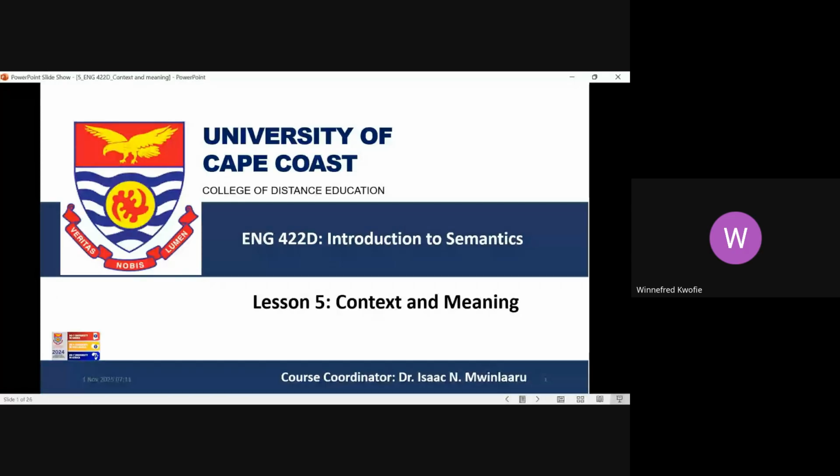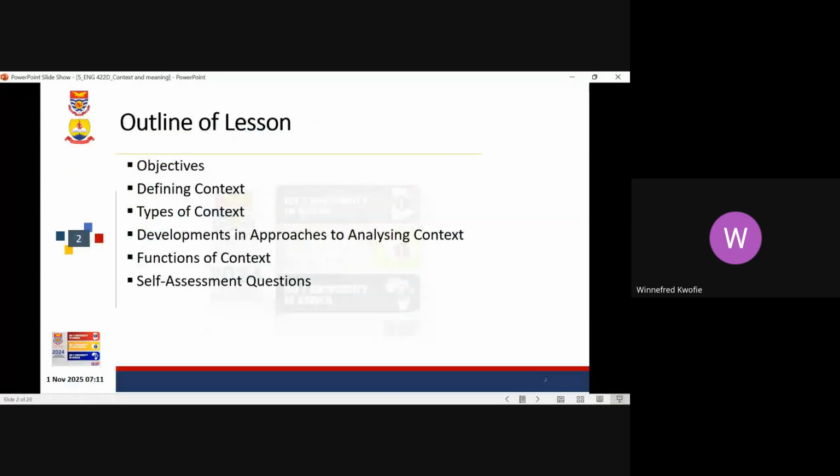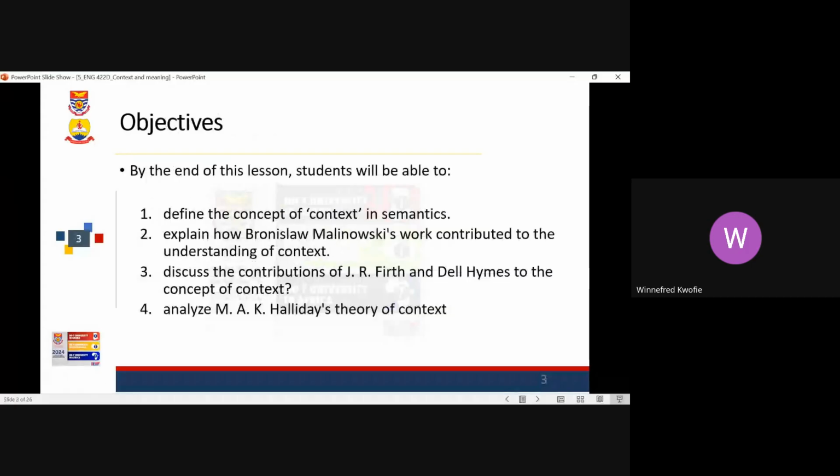Please, as I go along, if along the line you can't hear me, then you draw my attention to it. So you are looking at context and meaning. In this lesson, we'll be defining what context is. We'll look at the types of context, the development and approaches to analyzing context, and then some functions of context.